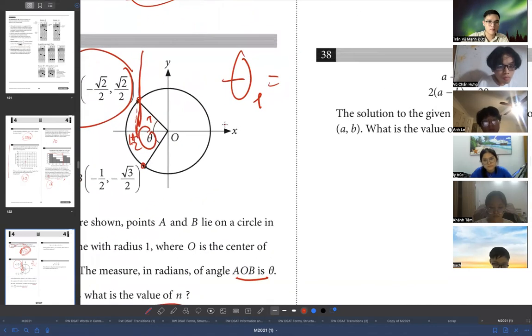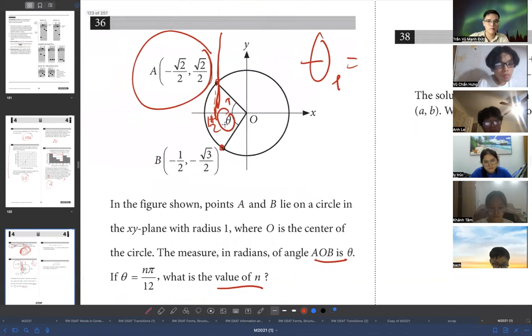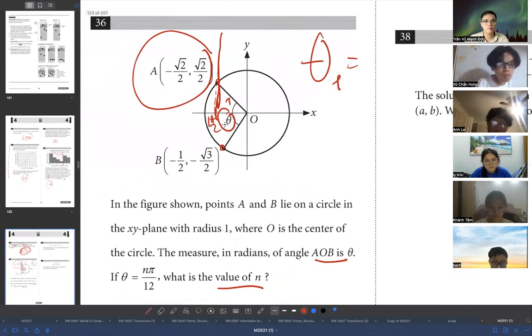Can you tell me what is the measurement of phi 1? Just redraw this for clearer. 45. Why 45? Because it's half of 90 degrees.